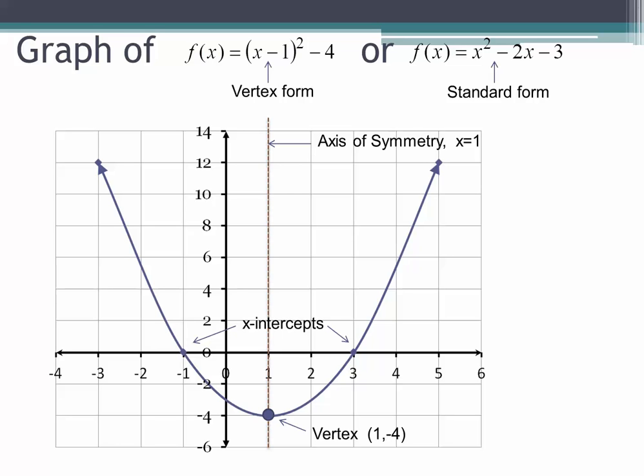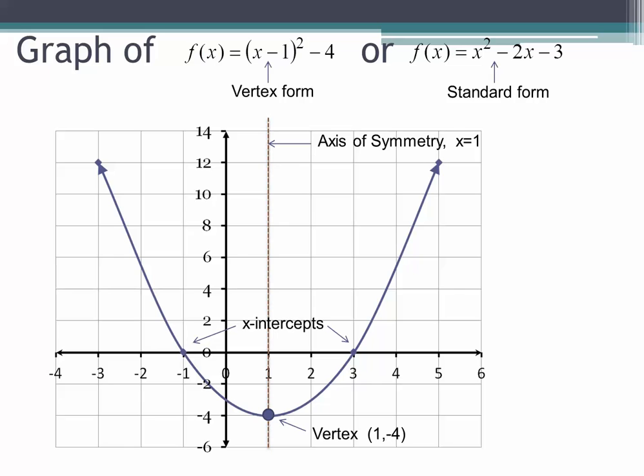While it's in vertex form, we can pluck the vertex out of there, which is 1, negative 4. The axis of symmetry is the vertical line that passes through the vertex, which has the equation x equals h. In this case, the h is 1, so our axis of symmetry is x equals 1.